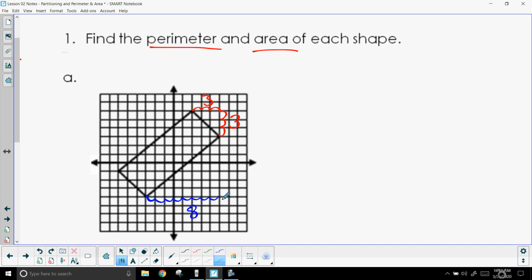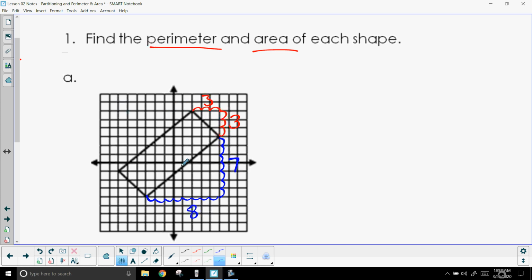Just really quickly counting to make sure these are indeed rectangles. 1, 2, 3. 1, 2, 3. Good. 1 through 7. Good. 1 through 8. Good. So this side is congruent to this side, and this side is congruent to this side.